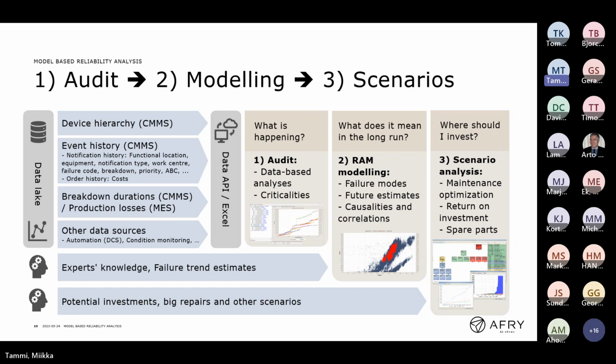And the last phase, scenario analysis, enables planning of improvement actions, maintenance optimization, and spare part policy. And expert knowledge is often needed to estimate the effects of these improvement actions. Normally, it can't be made based on history data only.